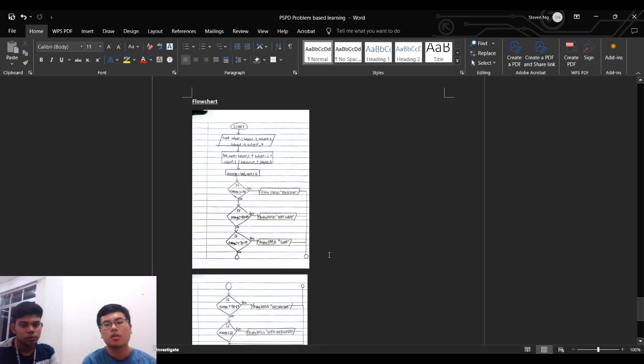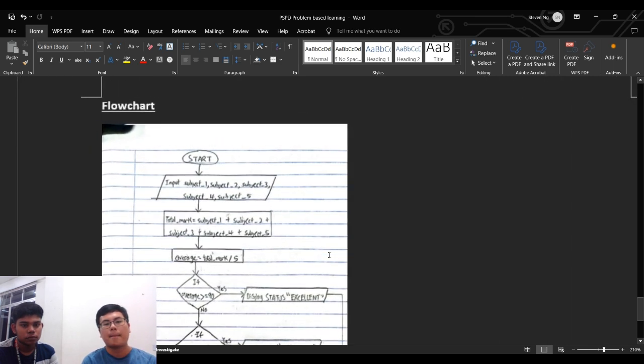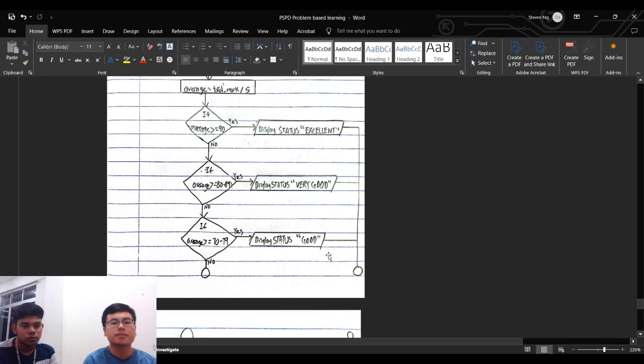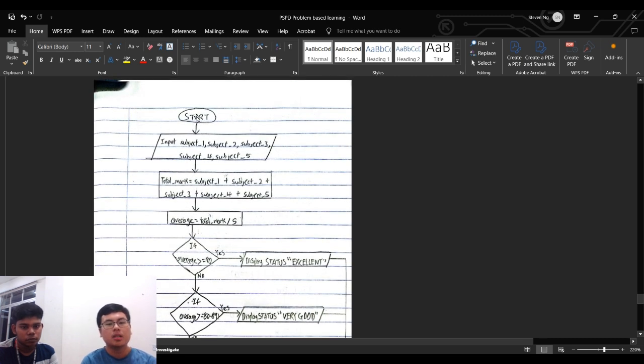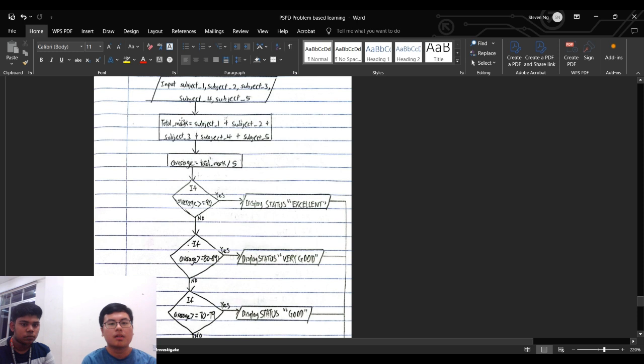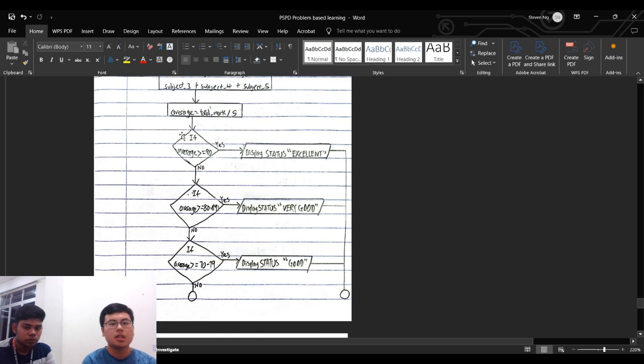Now we are going to be talking about the flowchart. So start, input the data, calculation, another calculation here. This here will be the decision making for the marks and also the status: excellent, very good, good.